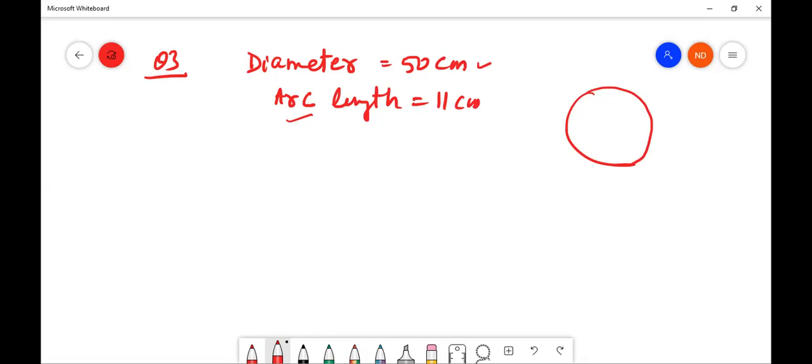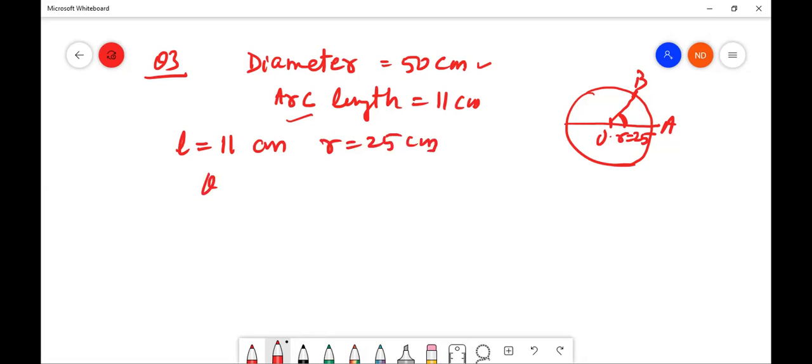We are given diameter 50 centimeter, so radius r equals 25. The arc length may be here, A, B. You need the degree measure of this angle. So L equals 11 centimeter, r equals 25 centimeter, theta equals L by r, which means 11 by 25.